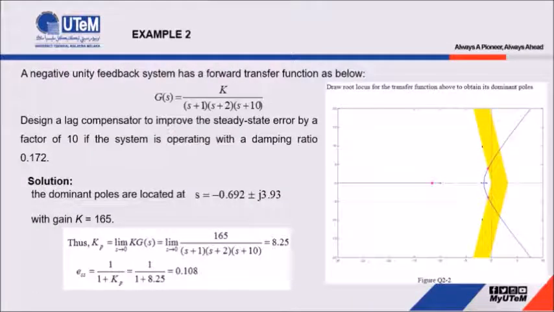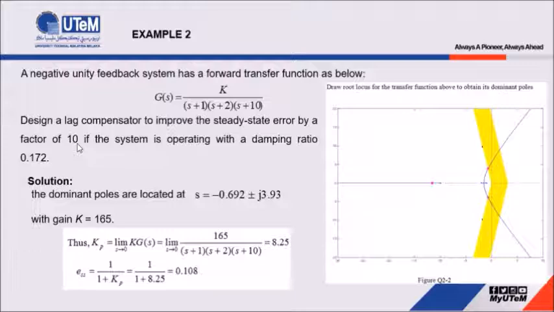Now let us look at an example about this lag compensator. We still use the same system as the PI controller, which is G(s) equals K divided by (s plus 1)(s plus 2)(s plus 10). But this time, we want to design a lag compensator to improve the steady state error by a factor of 10. That means we want to improve the steady state error 10 times.